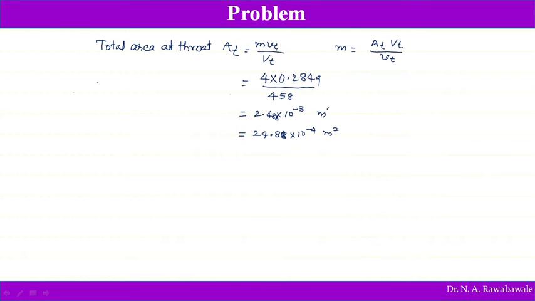This can be written directly as 24.88 centimeter square. So this is total or gross area at throat, 24.88 centimeter square.